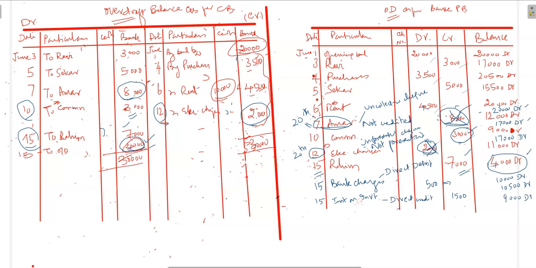So taking into account the effect of certain transactions, though they are debited and credited in cash book but not affected in passbook, and there are certain debit and credit affected only in passbook, we have calculated the OD balance on 15th amounting to rupees 9,000. Whereas OD as per cash book is rupees 4,000. Now this has to be reconciled.